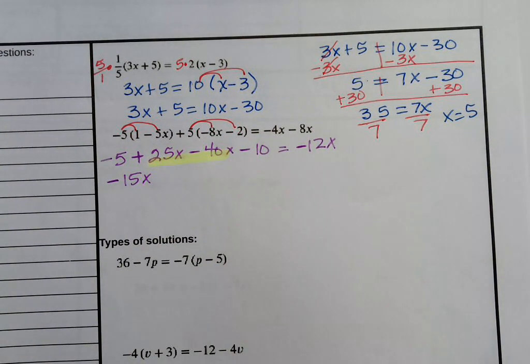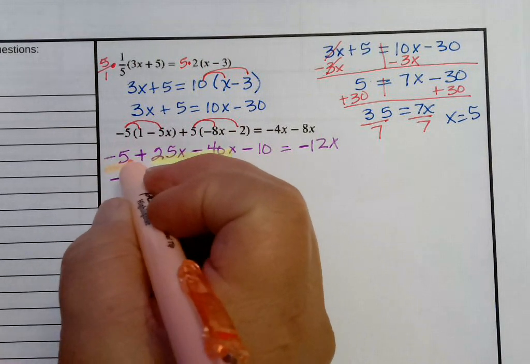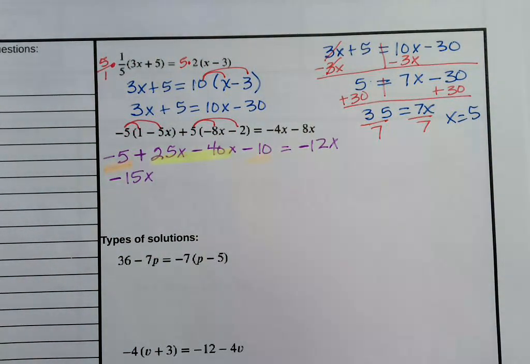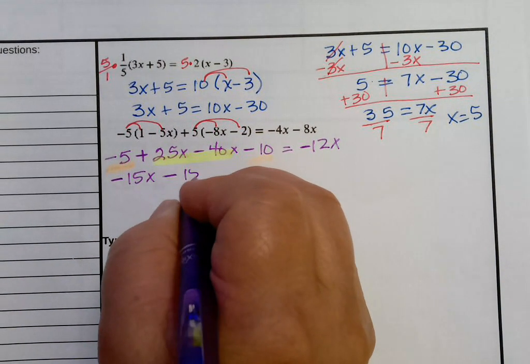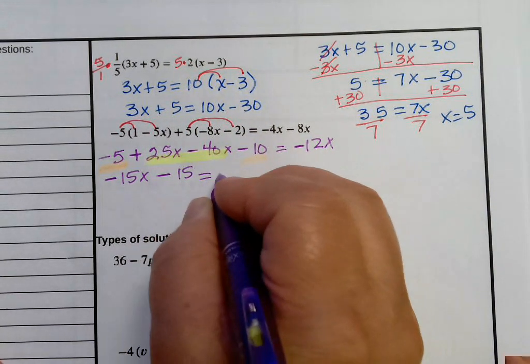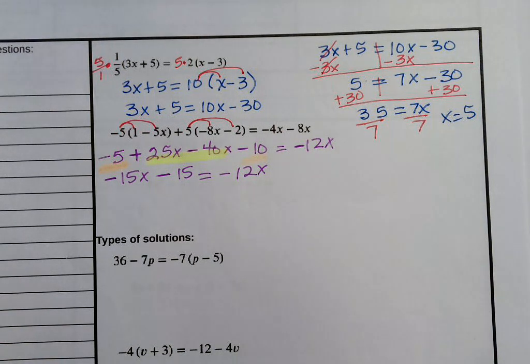Okay, what about our numbers? I've got negative 5 minus 10. Negative 5 minus 10, more, they're both negatives. Combine them with addition. 5 plus 10 is 15, so it's minus 15 equals negative 12x. Okay, in this case, which would be smaller, negative 15x or negative 12x? If you said negative 15x, you would be correct.